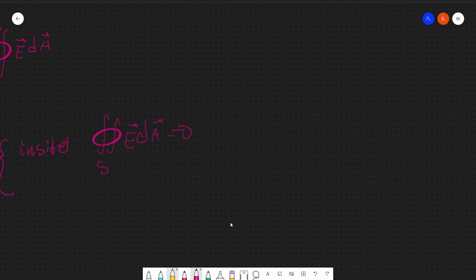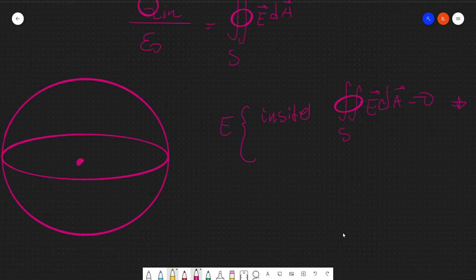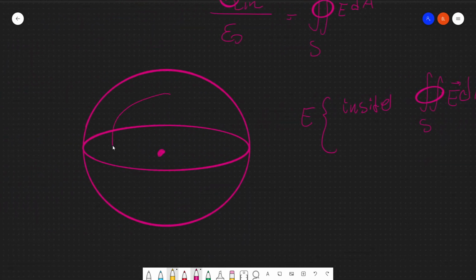However, as a product of vectors, we can write this as E dA times cosine of 0. Why is it cosine of 0? Because if you take a surface area over here, dA always points outwards.